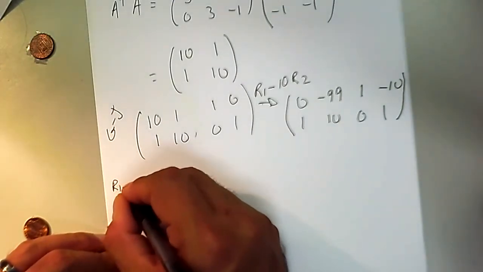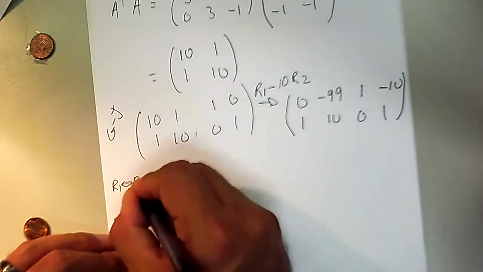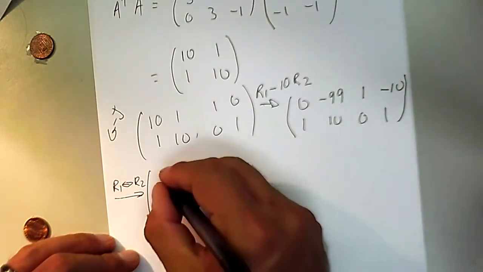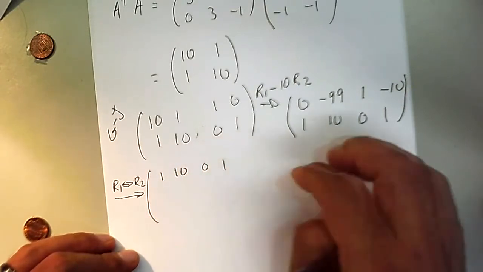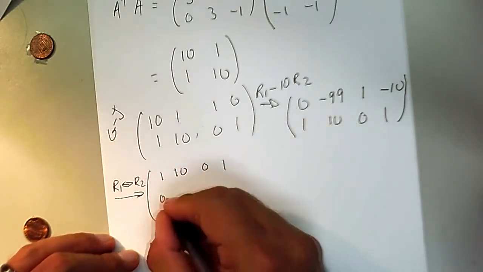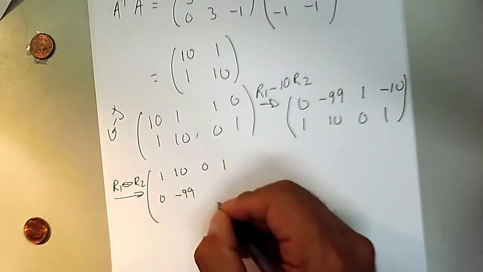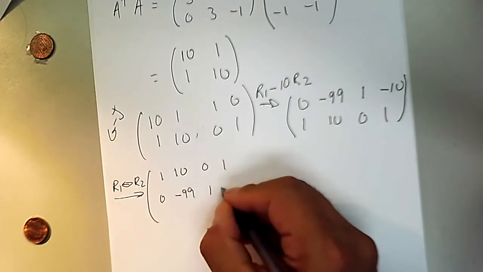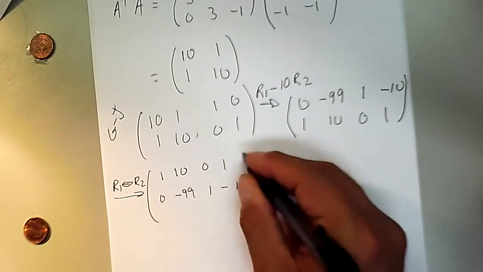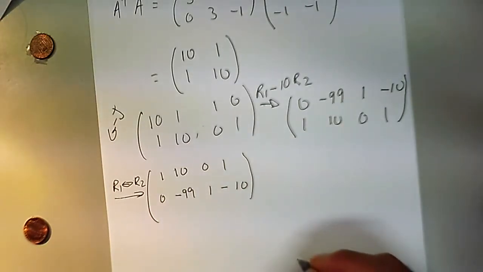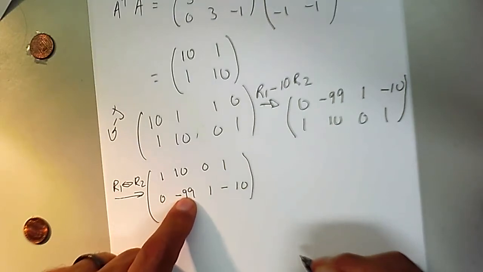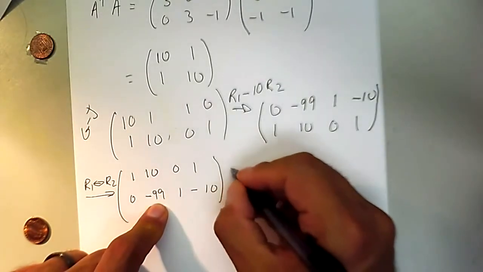So R1, switch it with R2, and we're going to end up with 1, 10, 0, 1, 0, negative 99, 1, negative 10. Ay, ay, ay. So we can divide the second row by negative 99.